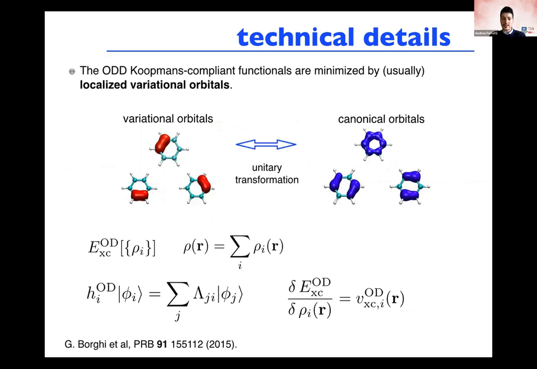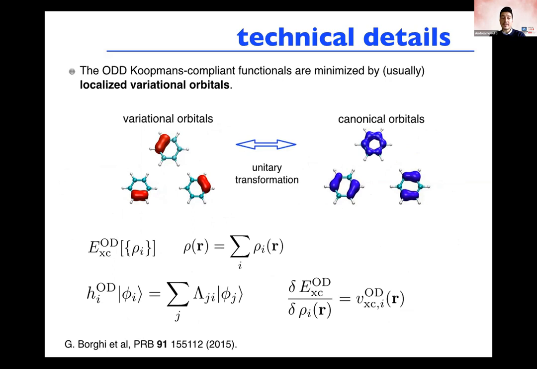So what is the price to introduce this construction, at least in this formulation? We need functionals that are built on each orbital. So they are orbital density dependent. They are not just density dependent: they do not depend explicitly on the density alone, but on each orbital density.